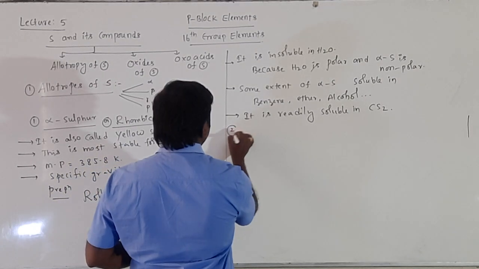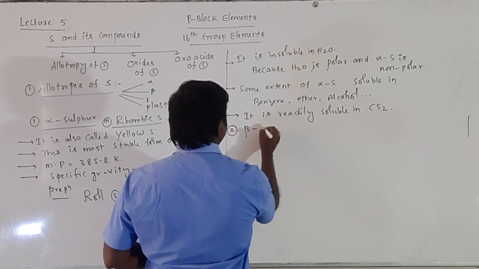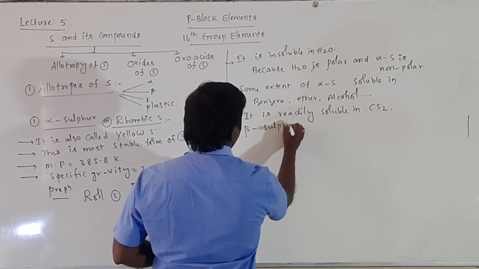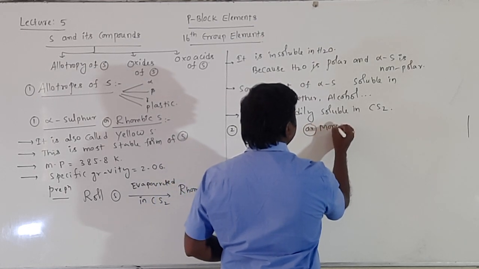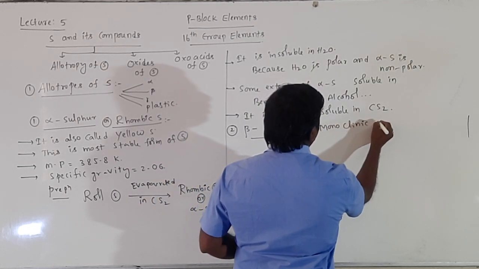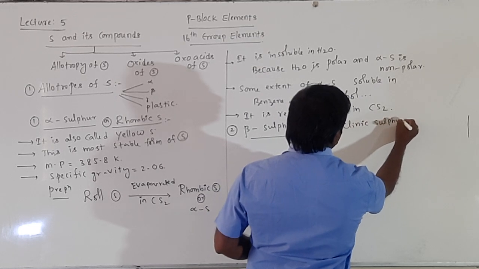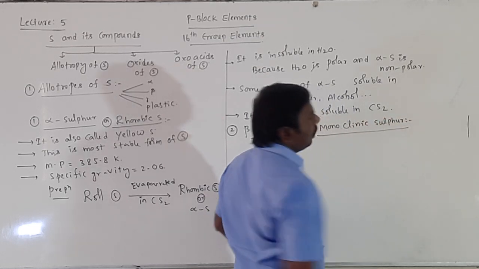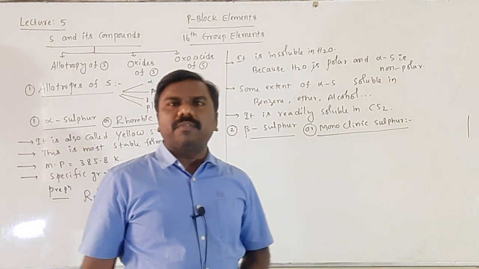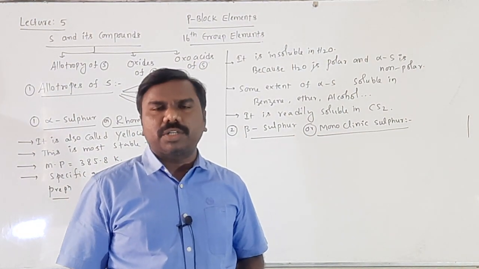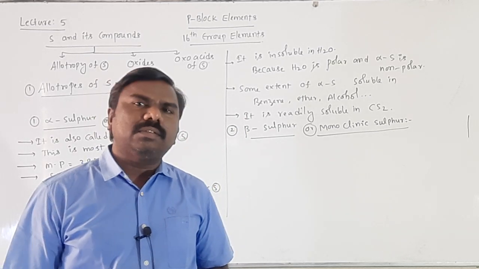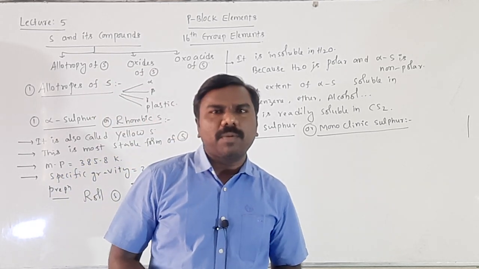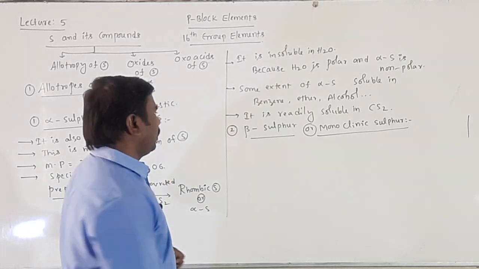Next, second form is beta sulfur, also called monoclinic sulfur. It is less stable than alpha form because of the arrangement of sulfur atoms in the structure. The melting point is 393 kelvins, specific gravity is 1.96.